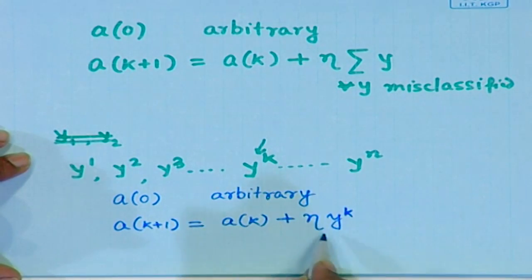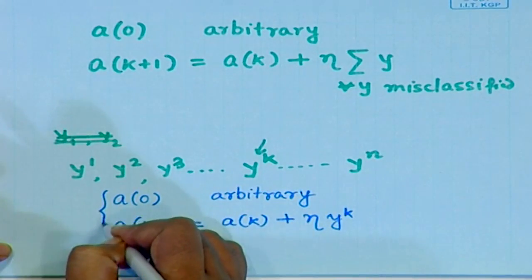So, now you find that the summation term is no more there. Here, because we are considering sample by sample, not all the misclassified samples together, the memory requirement for execution of this algorithm will be much less compared to the previous version.